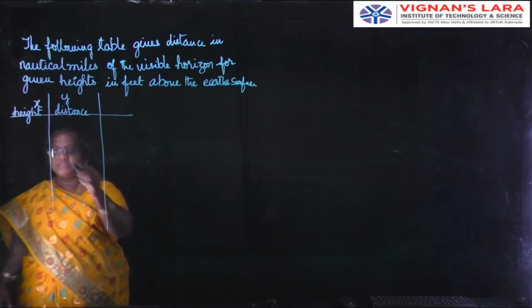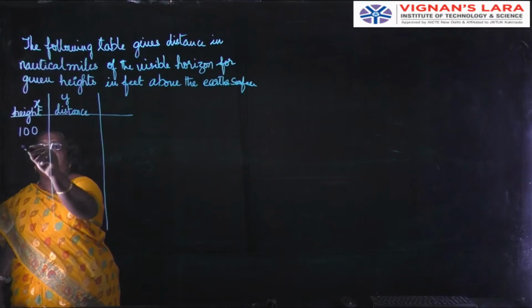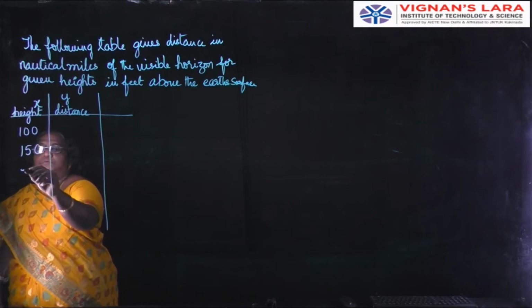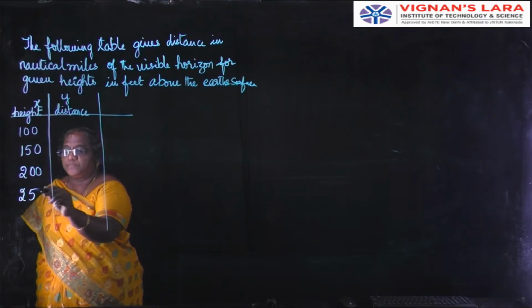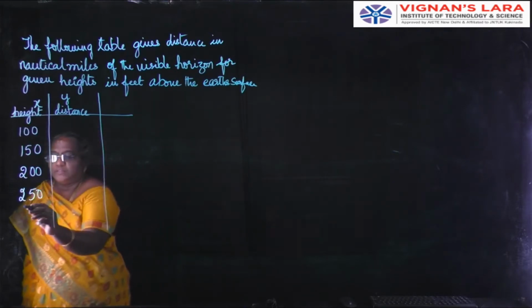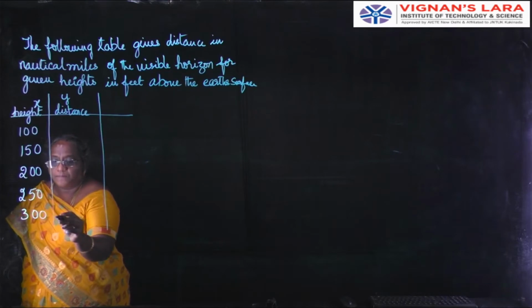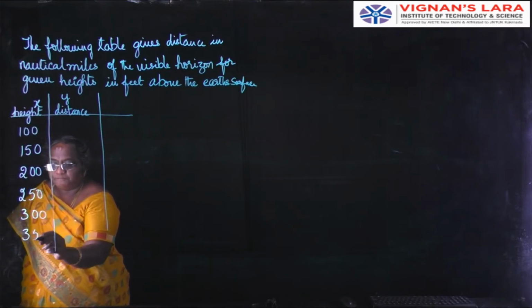So height is 100, 150, 200, 250 and 300, 350 and finally 400.